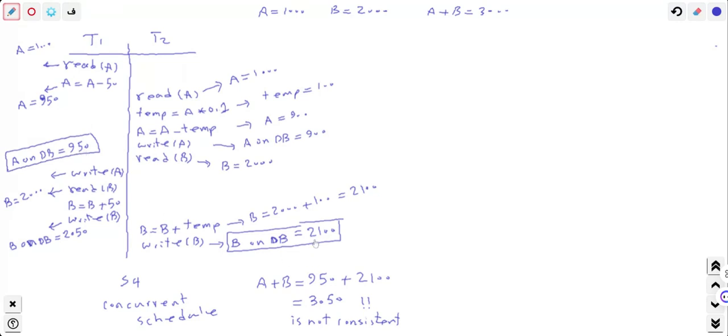The last value of B is 2100. So if we sum these values, we have 3050.